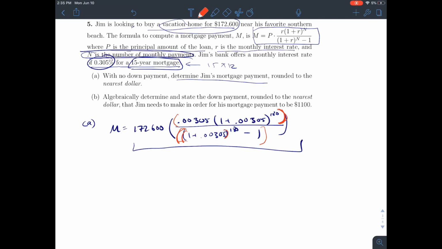It looks like his monthly payment for his mortgage will be $1,247, because it's supposed to be rounded to the nearest dollar.